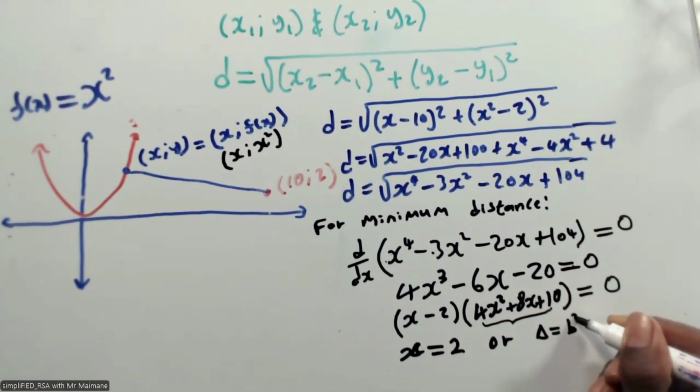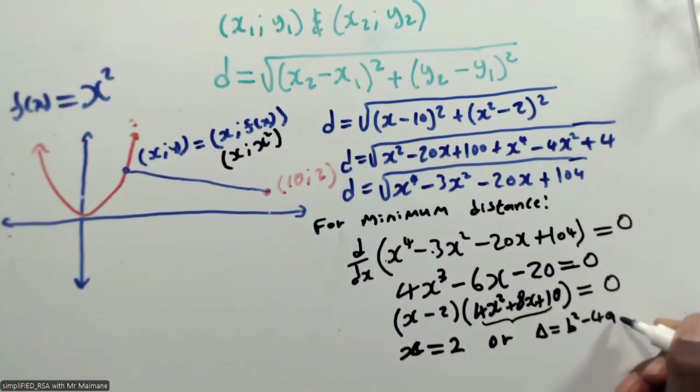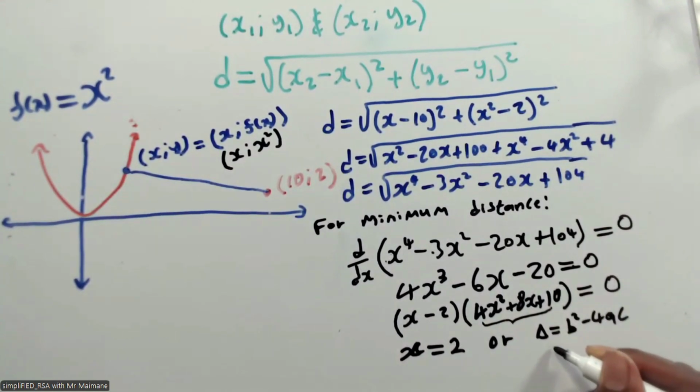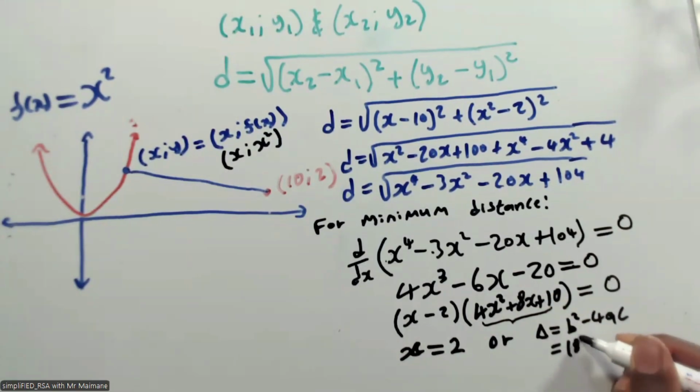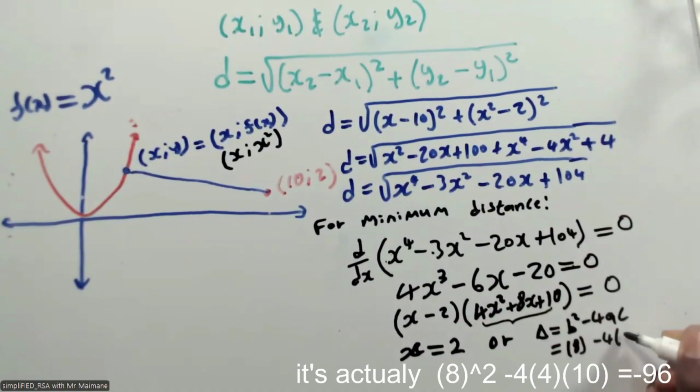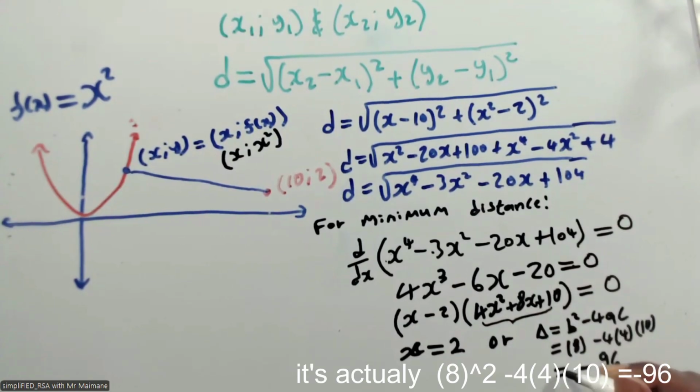Remember, for b squared minus 4ac, which is our discriminant, if I was to solve this, I would have 8 squared minus 4, where a is 4 and c is 10. As a result, this would give me minus 96, meaning I can't get a value of x here, because we can't have a square root of a negative number from our quadratic formula.